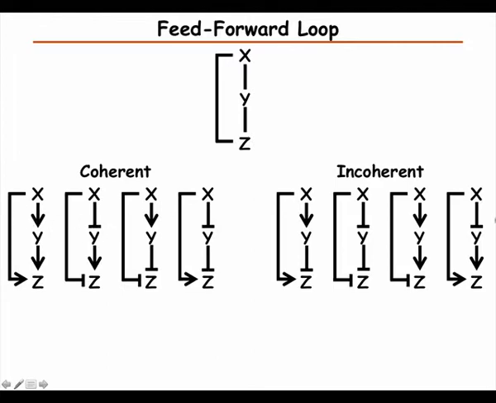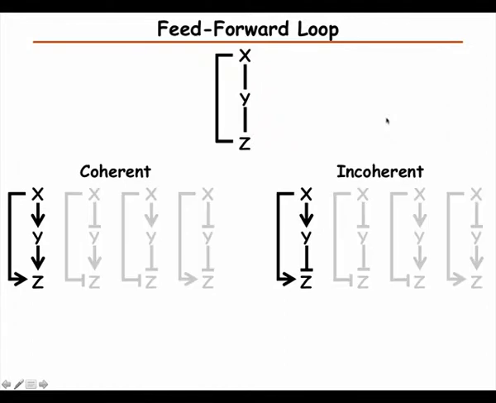So we have 8 different possible ones, 4 coherent and 4 incoherent. But what turns out is that in reality, in bacteria and yeast at least, what's mostly used is one of the coherent ones and one of the incoherent ones.